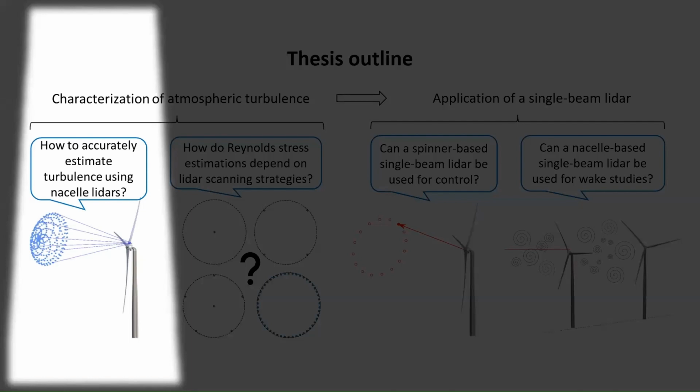All right, now let's dive into the first study, how to accurately estimate turbulence using nacelle-lidar. The benefit of using a multiple beam LiDAR is that it can give us measurements at different locations among the scanning pattern. This opens up a possibility that we can get more detailed turbulence parameters from the measurement.